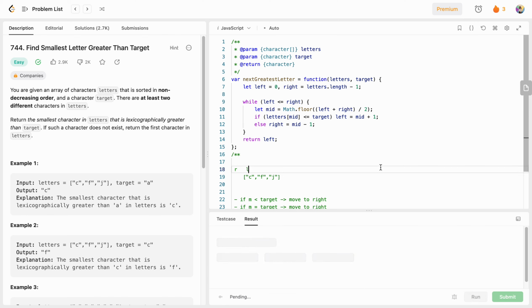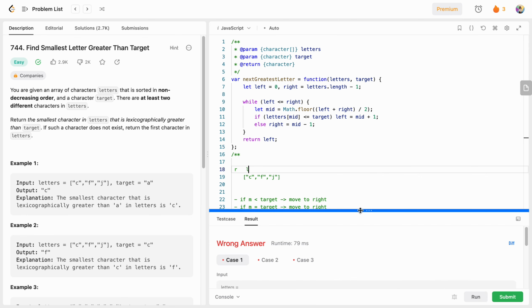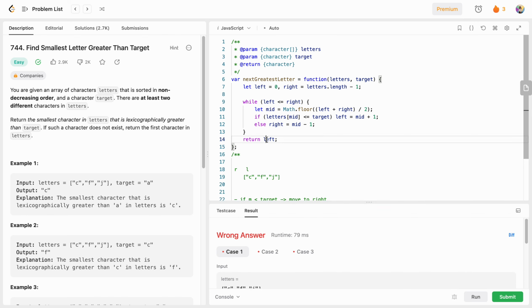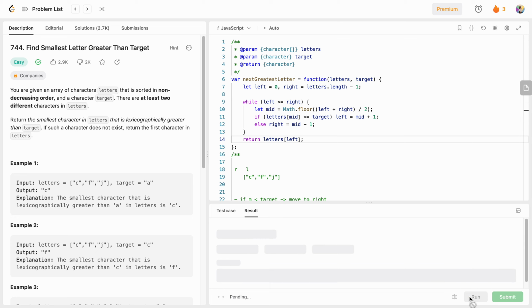Okay, let's try to run our code. Okay, so we actually need to return the character at that index, so letters at index left. Now let's run our code.